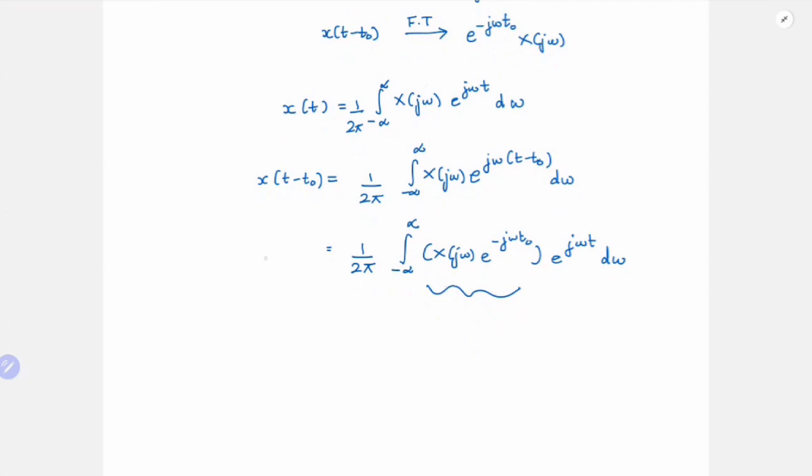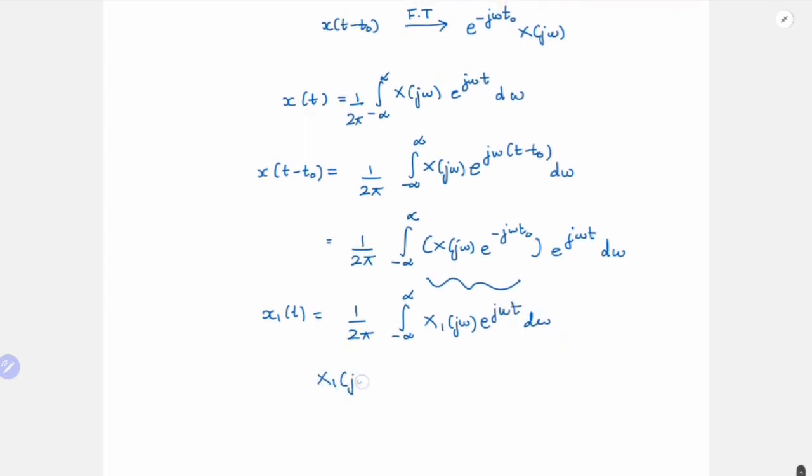So if we call this x1 of t, this is nothing but 1 by 2 pi integral minus infinity to infinity x1 of j omega e power j omega t d omega. So x1 of j omega is nothing but x of j omega into e power minus j omega t naught.